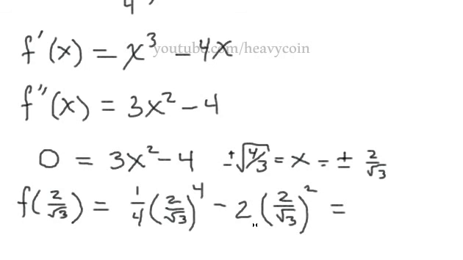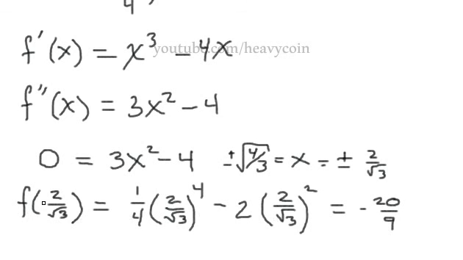Now I'm not going to go through all the arithmetic here and show you how to figure out how to get all this. I'm just going to write it out right here. So that should be negative 20 over 9. So hopefully you can work all this out and get negative 20 over 9.